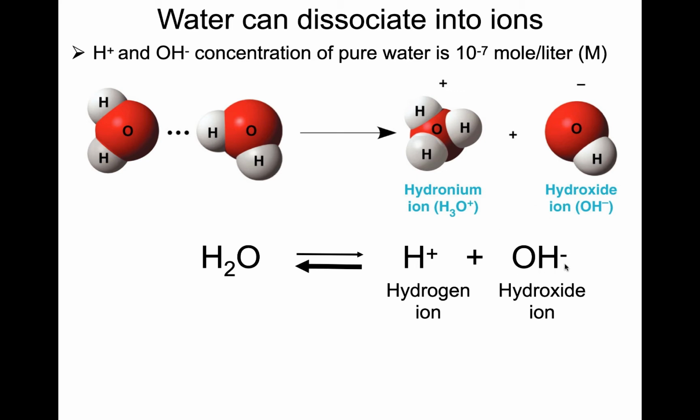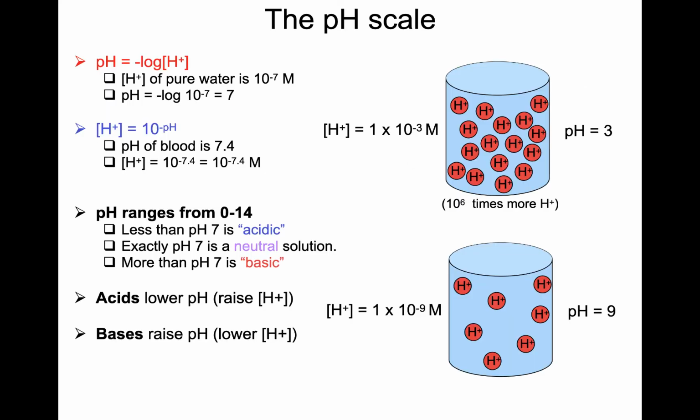And this here is, of course, an O and an H, and then an extra electron from this hydrogen atom here. Okay, so this is what we're going to be concentrating on when talking about pH, the hydrogen ion concentration. So we might have a solution that has lots of hydrogen ions.